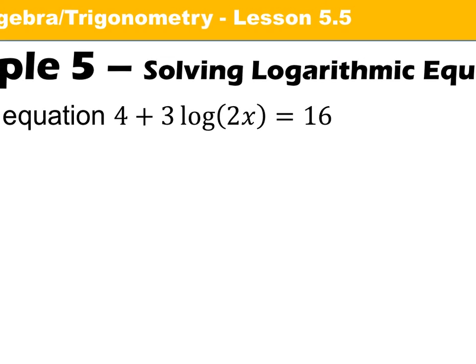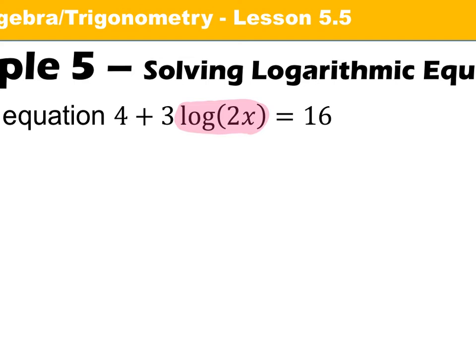All right, lots of stuff going on here. What's the first thing you see? What word? Log. This is what I suggest you do, guys. I have log 2x. That 2 is stuck with the x, it's in between the log, so you can't do anything with it. But is the log completely by itself? No. Everybody look. Is the log all by itself on the left-hand side of the equal sign?